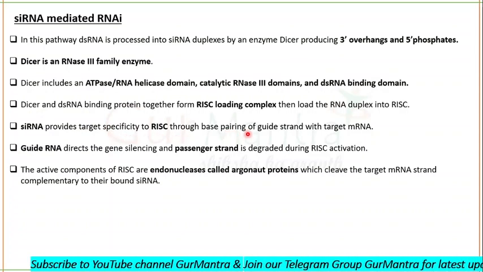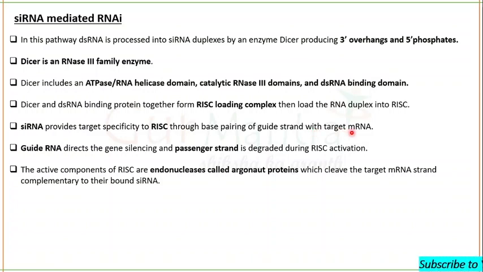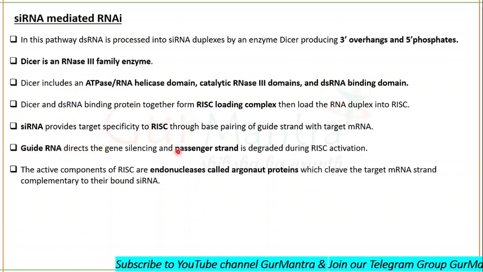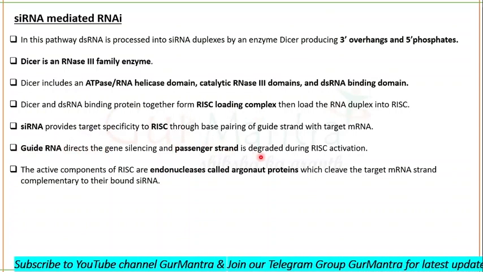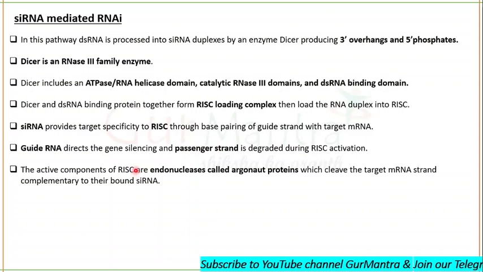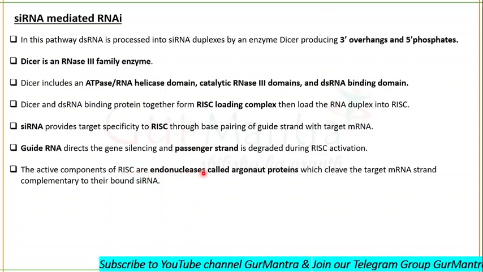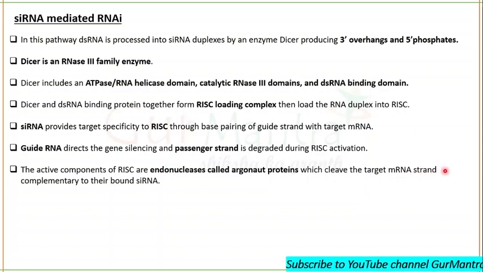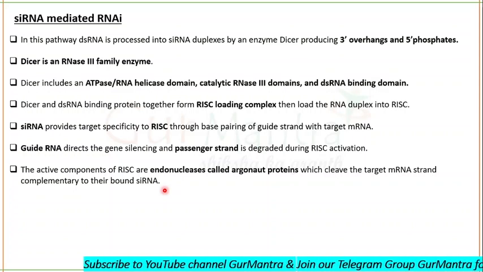Through the base pairing of the guide strand with target mRNA. Actually, there is the formation of two strands. One is the guide strand that directs the gene silencing, and the other is the passenger strand which is degraded during RISC activation. The active components of RISC are endonucleases called Argonaute proteins, which will cleave the target mRNA strands complementary to their bound small interfering RNA.